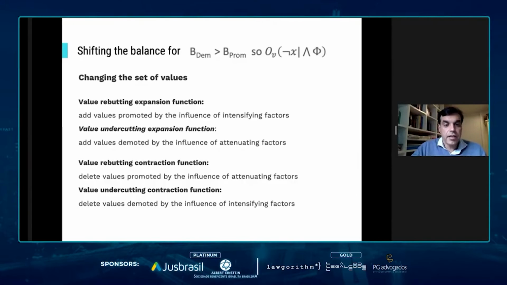We may also shift the balance with a value rebutting contraction function, that is, to delete a value which is promoted by the influence of an attenuating factor. Otherwise, we have a value undercutting contraction function, if we delete values that are demoted by the influence of intensifying factors.